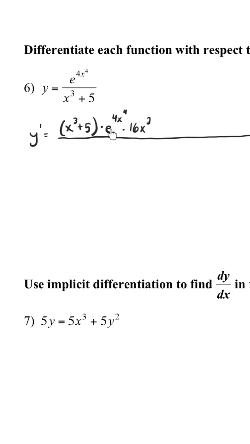So this whole thing here is the derivative of e to the 4x to the 4th. Because remember, the derivative of an exponential is the exponential multiplied by the derivative of the exponent. And then we subtract the upper function multiplied by the derivative of the bottom function, divided by the bottom function squared.